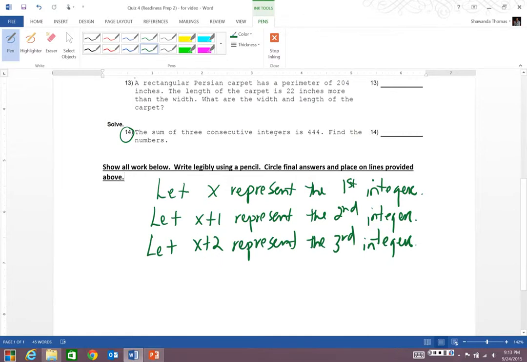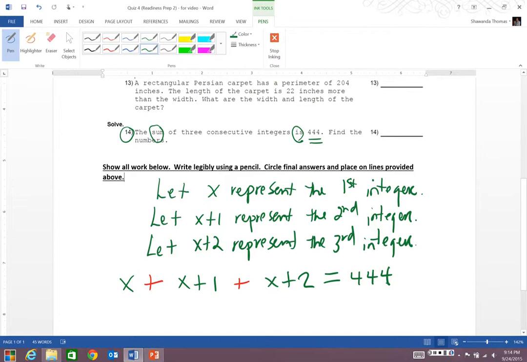So, because it says sum, we are going to add it together. So x plus 1 plus x plus 2 equals 444.